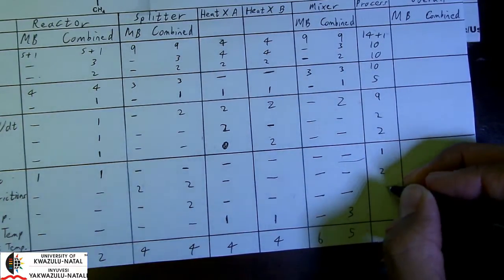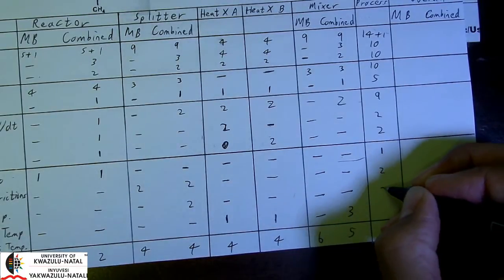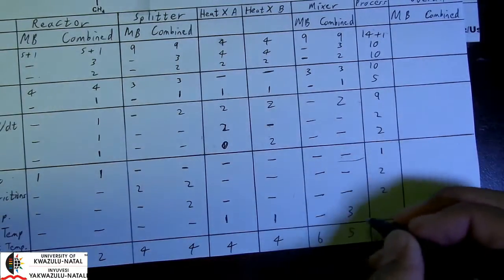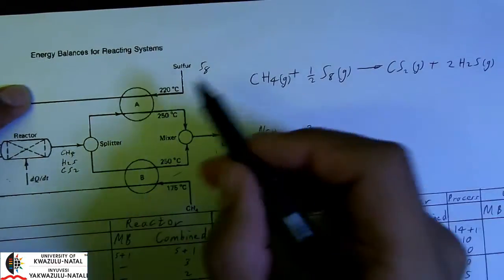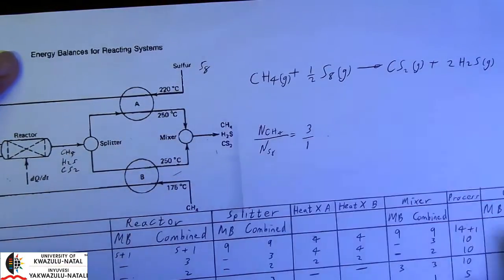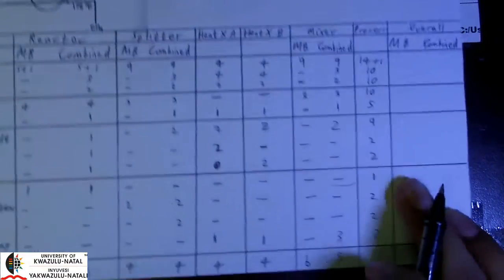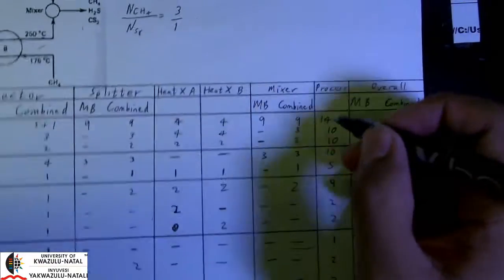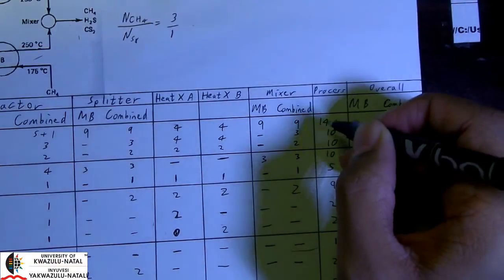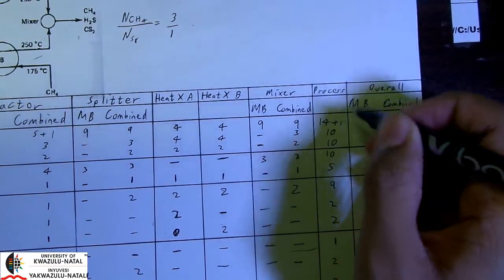The splitter temperature is also counted, as well as my maximum 3 for the mixer, okay, due to both of these temperatures being equal. Okay, so we have, in terms of our number of variables, that's 35.